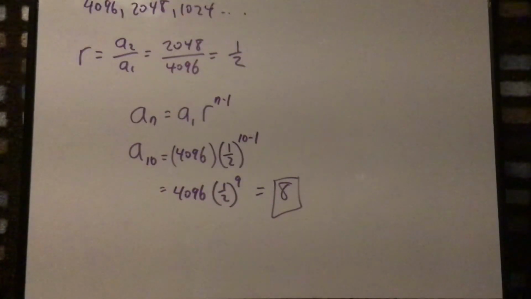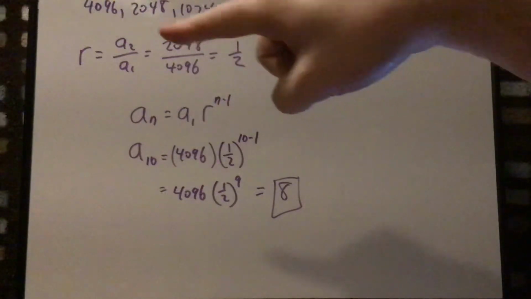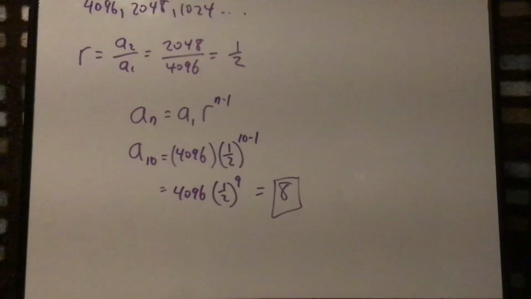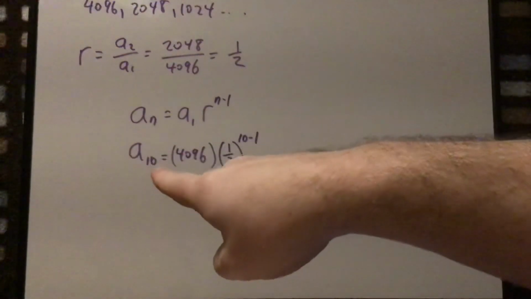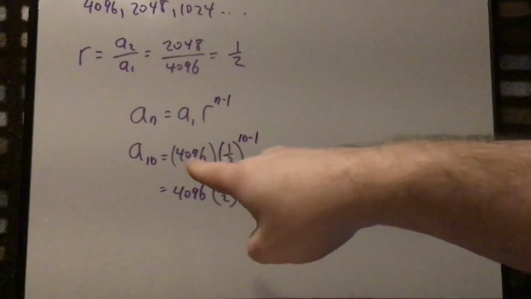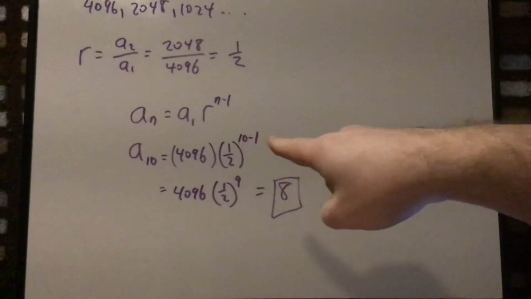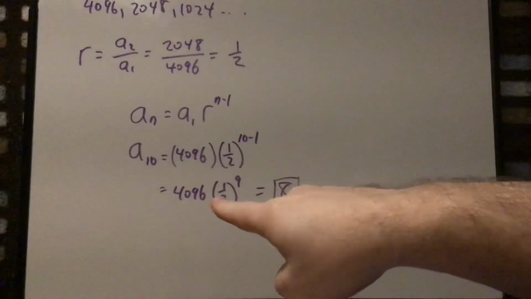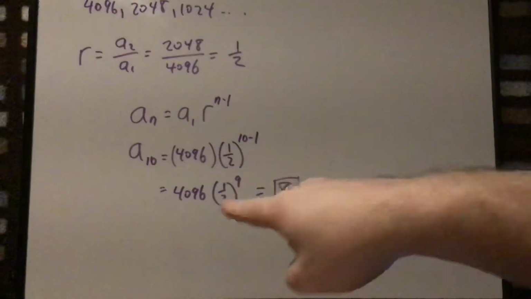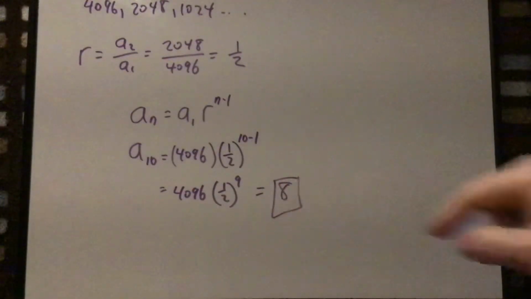You can throw that in a calculator, or you might recognize, okay, well, those are getting cut in half. So that's my common ratio. Now using the formula, well, I want a sub 10, so I need to take the first term times the common ratio to the power of 10 minus 1. So that's 4096 times 1/2 to the 9th, and that comes out as 8.